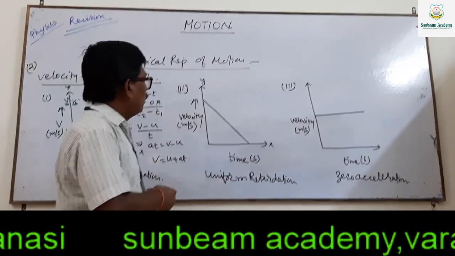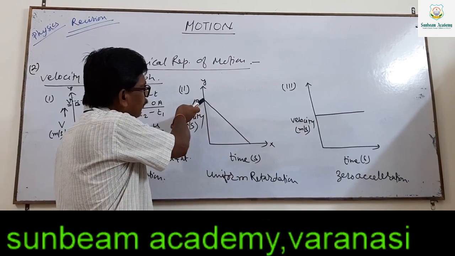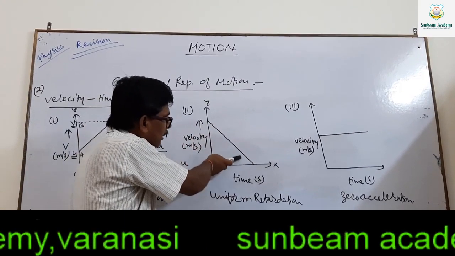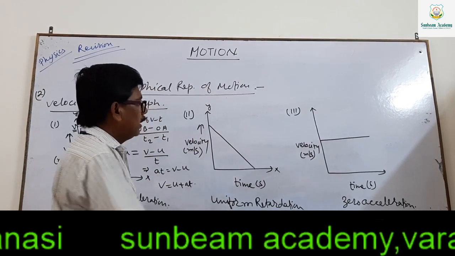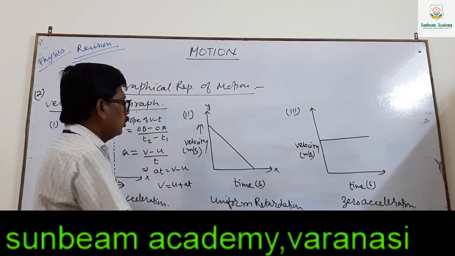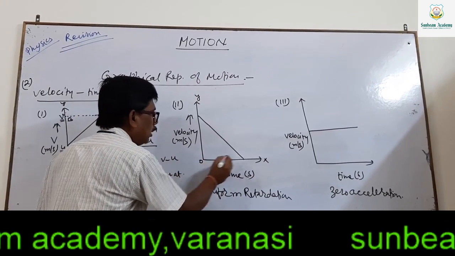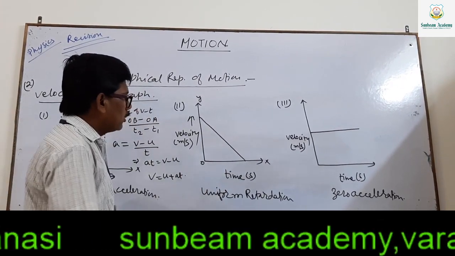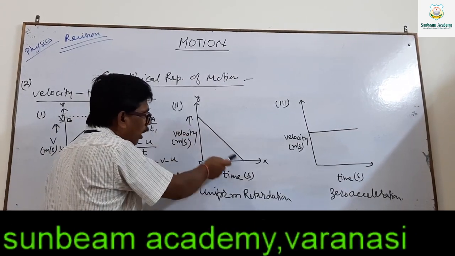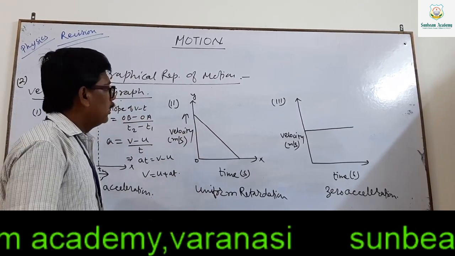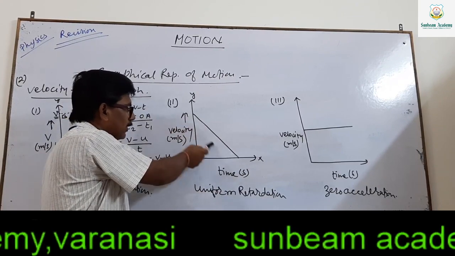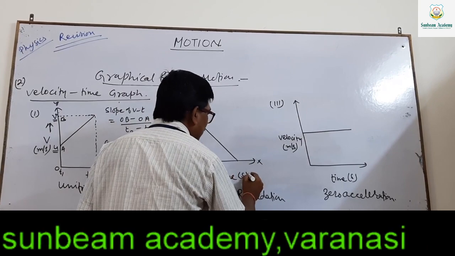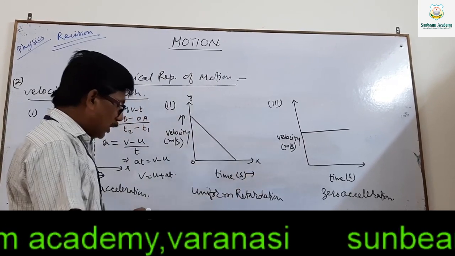Here you see another velocity time graph. Here the velocity is decreasing and ultimately it comes to zero and intersects the x-axis. This shows that this is uniform retardation. Uniform retardation means velocity is decreasing as time passes. As the time increases, the velocity is decreasing uniformly.